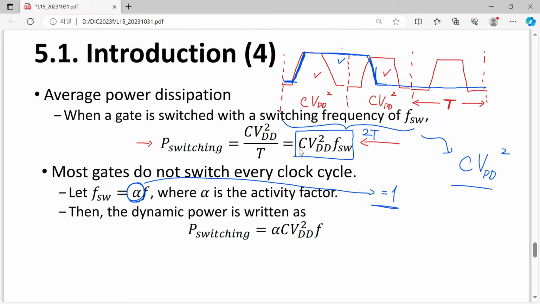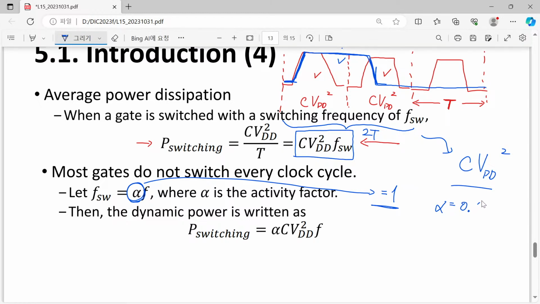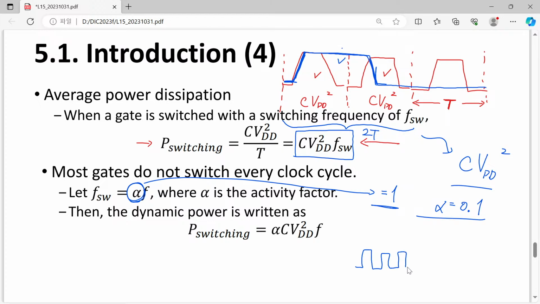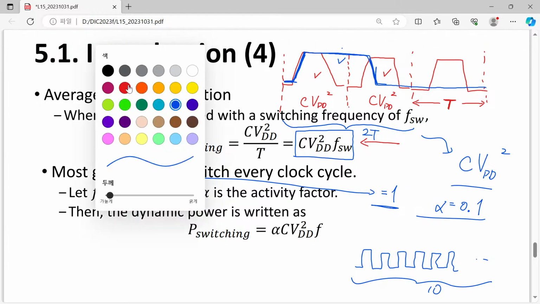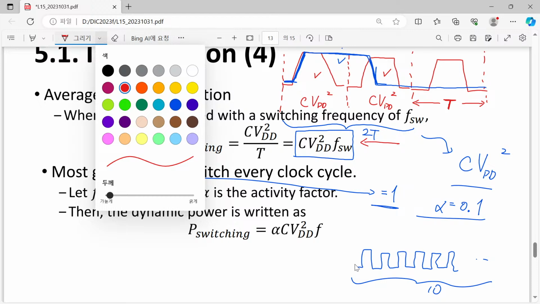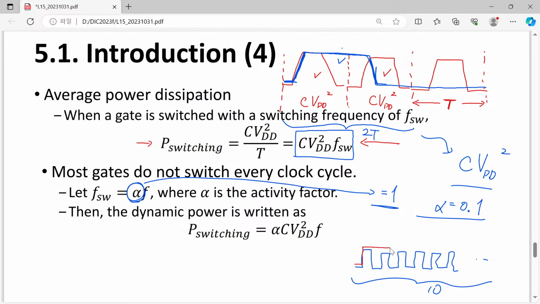But let's say we have alpha equal to just 0.1. Then what happens? Although we have 10 clock signals, let's say that our actual signal just turns on once.